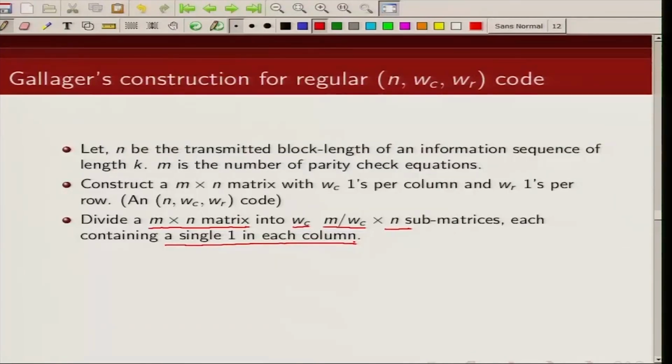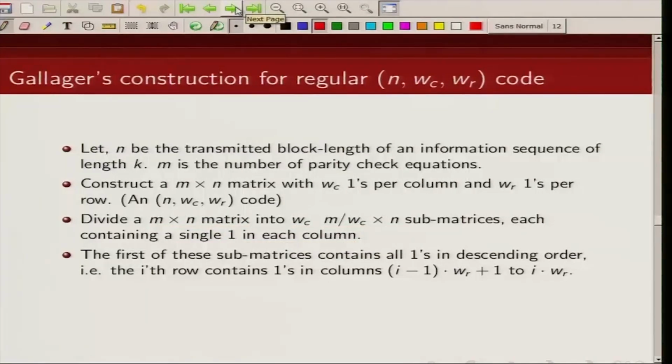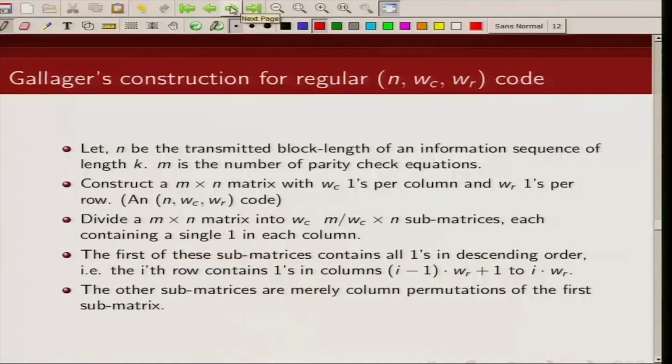Next, in each of these sub matrices, you write ones in descending order. The ith row will have ones from location (i minus 1) times WR plus 1 to i times WR. I will just illustrate this.